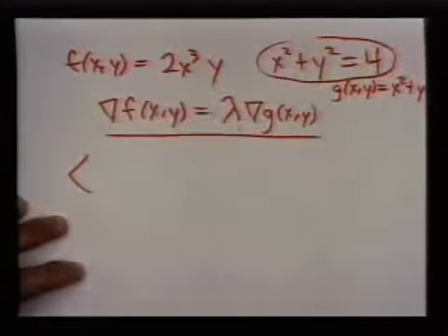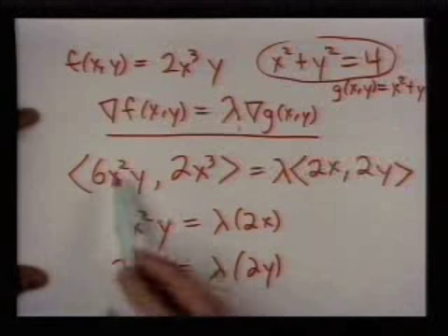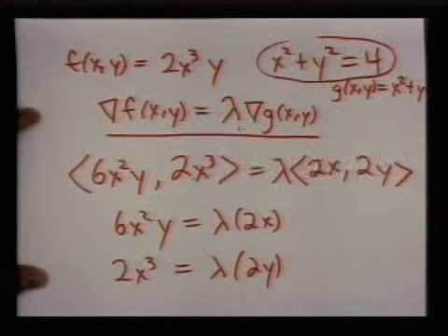The gradient of g, well, the first partial derivative with respect to x will be 2x, and then the partial with respect to y will be 2y. So the equations that we're solving are 6x squared y equals lambda times 2x, and 2x cubed equals lambda times 2y. That's just by setting each component equal to each other.